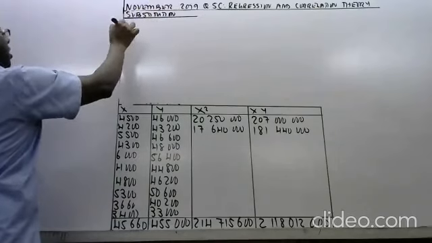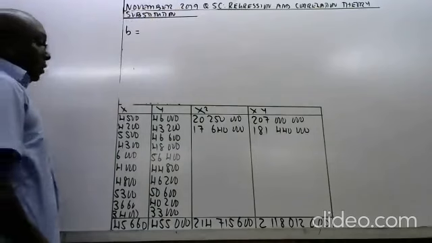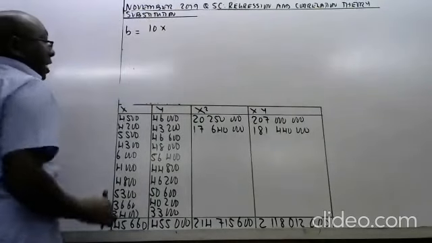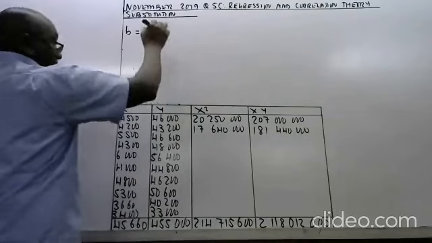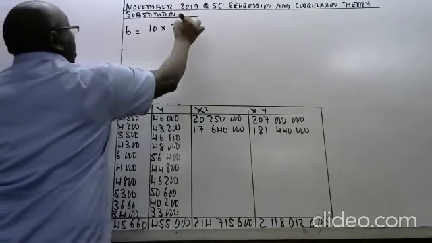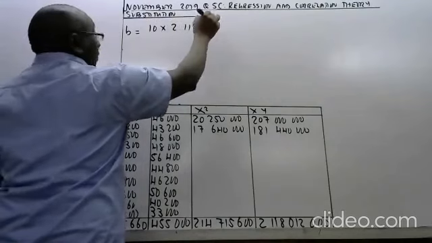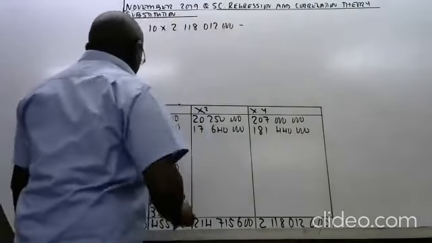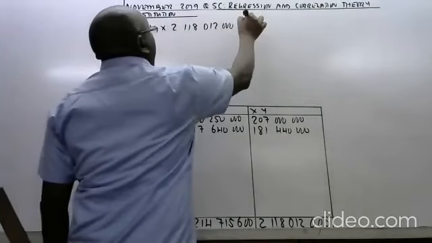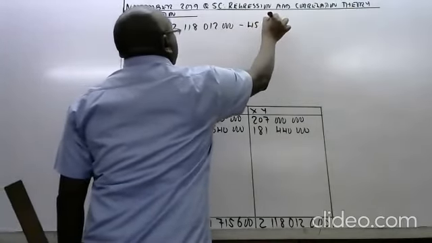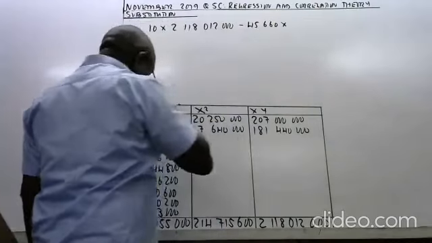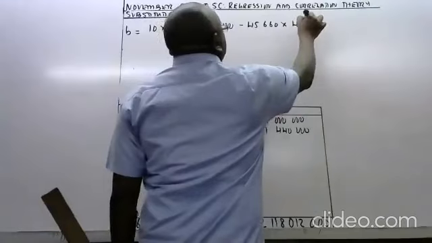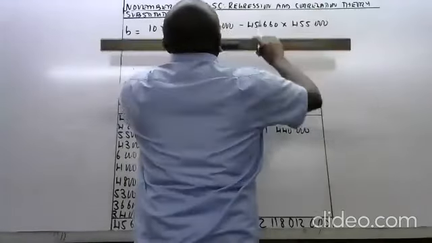We start with the value of b. b, according to our formula, is 10 times sum of xy, 2,118,012,000, minus sum of x, which is 45,660, times sum of y, 455,000.